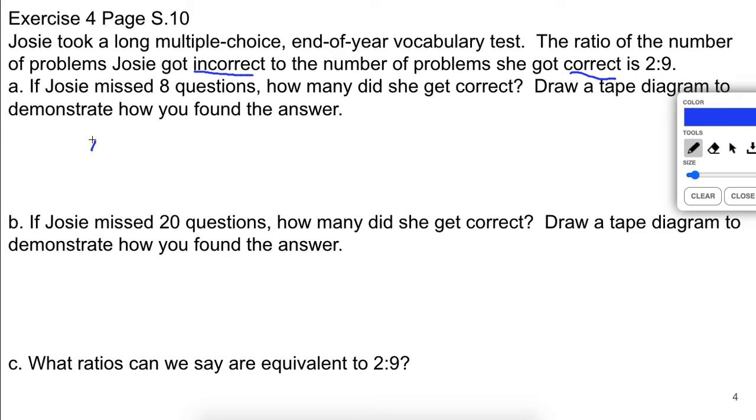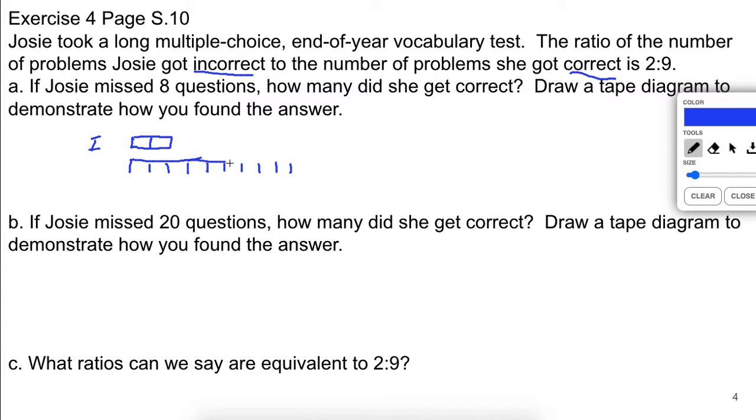So incorrect, again, is 2. And correct is 9. 1, 2, 3, 4, 5, 6, 7, 8, 9.